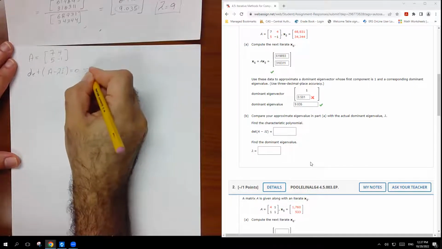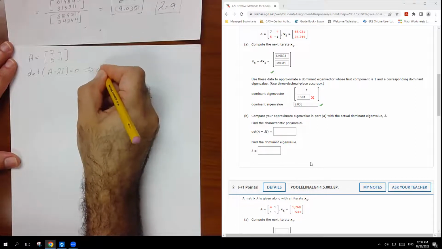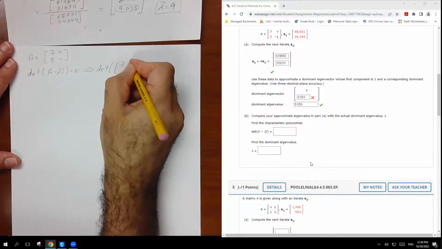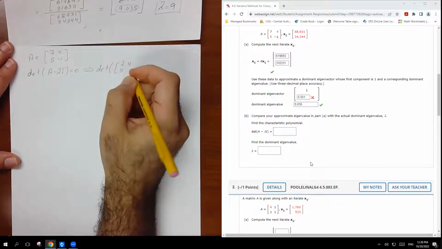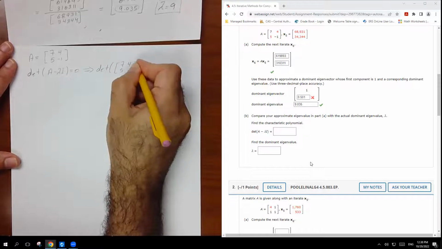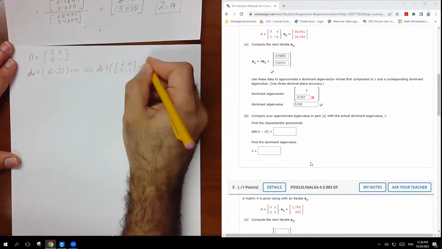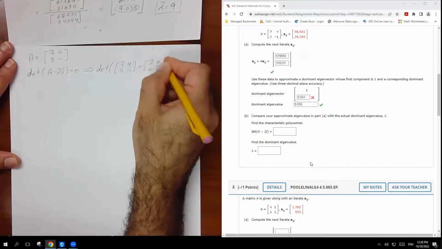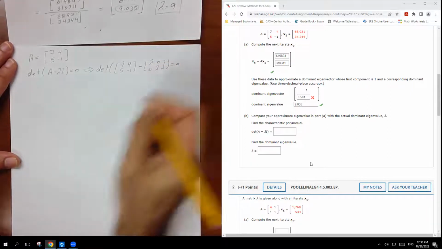That means the determinant of the matrix A, 7, 4, 5, -1, minus lambda, 0, 0, lambda, is equal to 0.